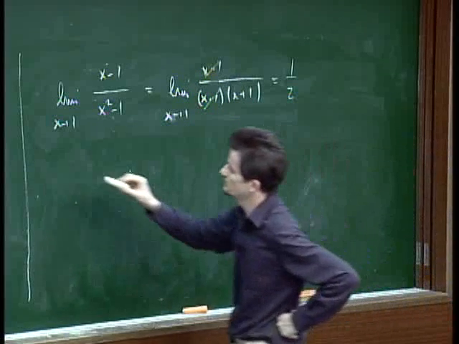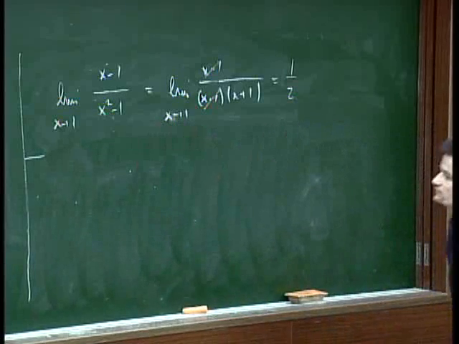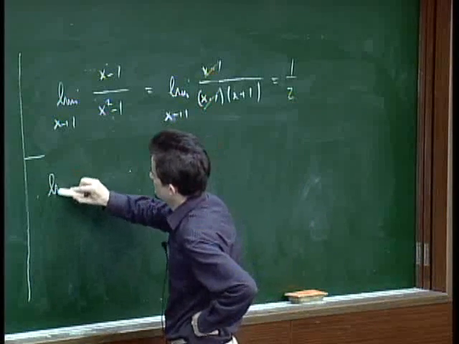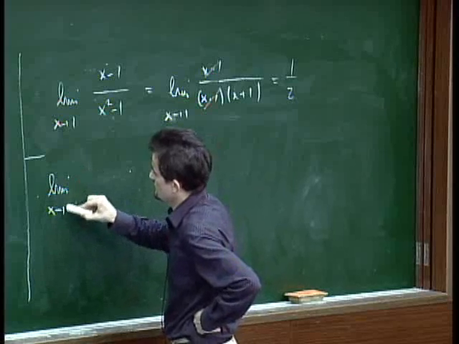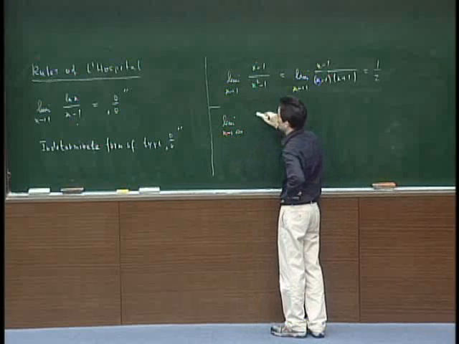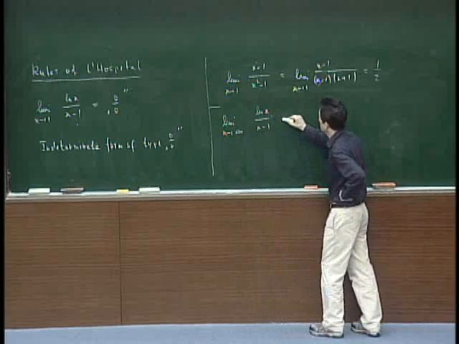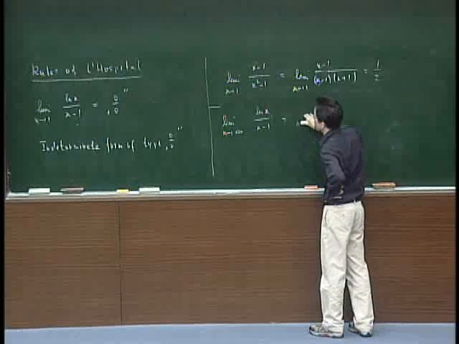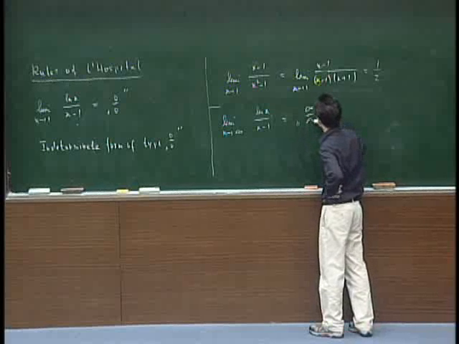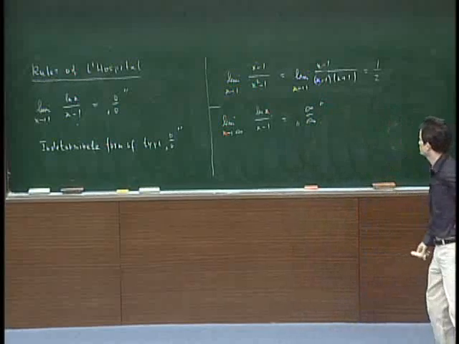Now, there are also other indeterminate forms. If you look at the same function, but the limit as x tends to infinity of ln x over x minus 1, you also get something which you cannot determine, infinity over infinity. This can take on any value depending on the two functions.